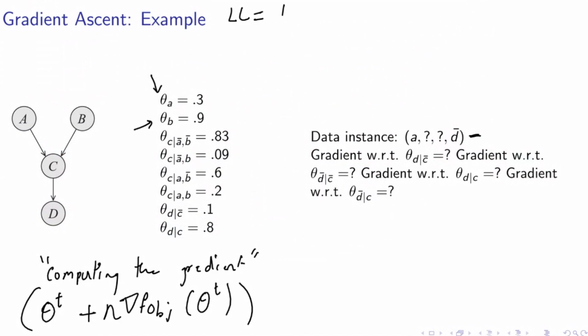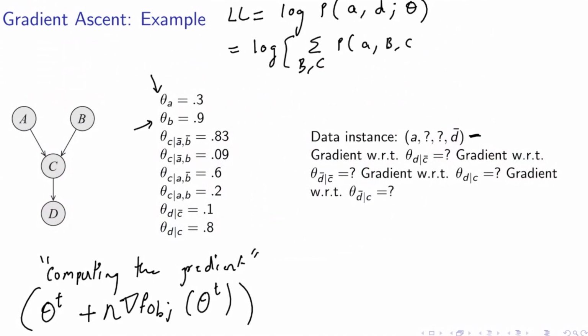So log likelihood here is log of P of A comma D bar with respect to the current set of parameters theta. This is nothing but log of sum over B and C, P of A comma B comma C comma D bar, theta. Since B can take two values and C can take two values, the summation is over four values, so I can enumerate it.